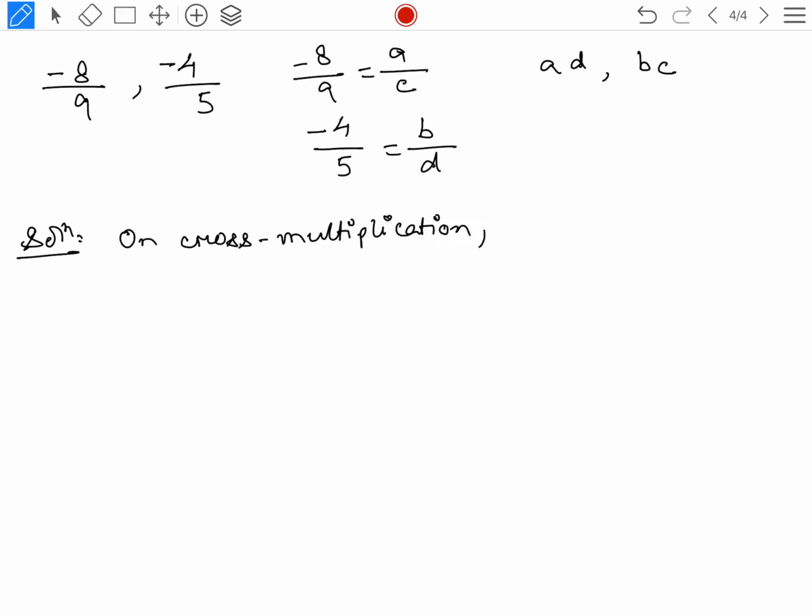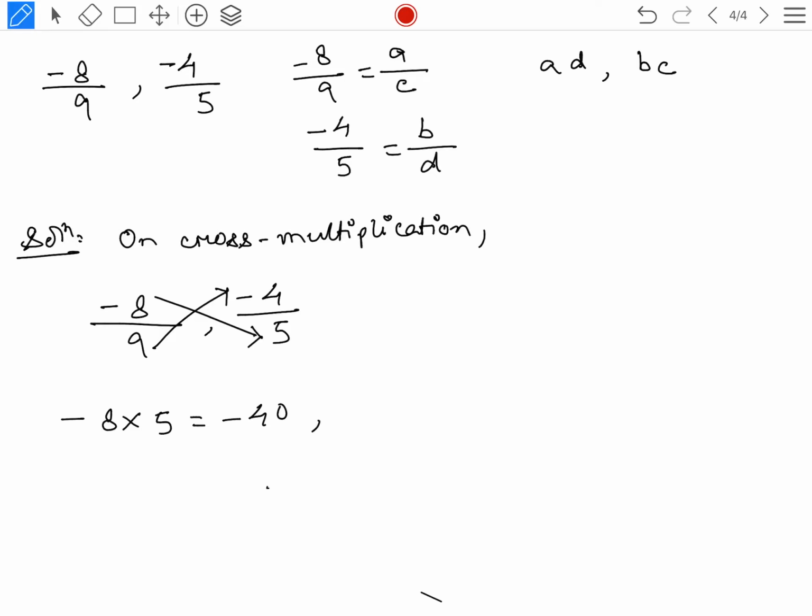On cross multiplication, see, minus 8 by 9 and minus 4 by 5, cross multiply. Minus 8 into 5 and 9 into minus 4. So minus 8 into 5, how much? Minus 8 into 5 is equal to minus 40, yes or no?